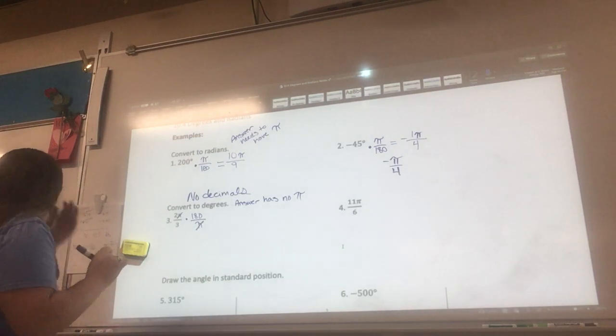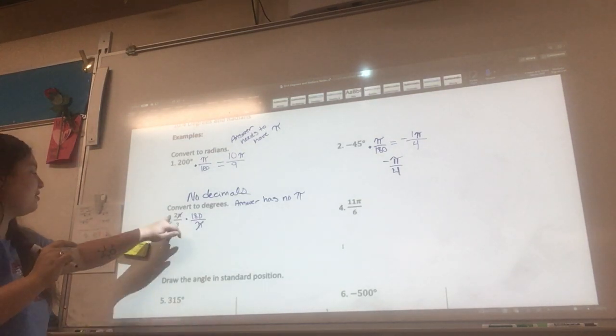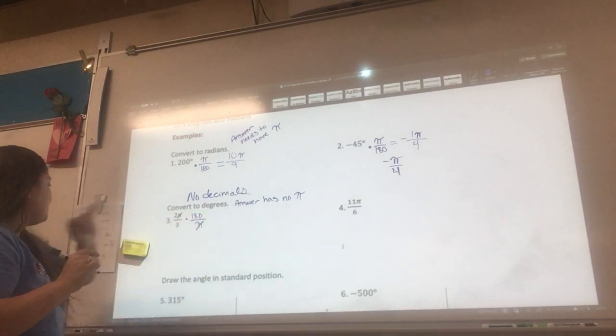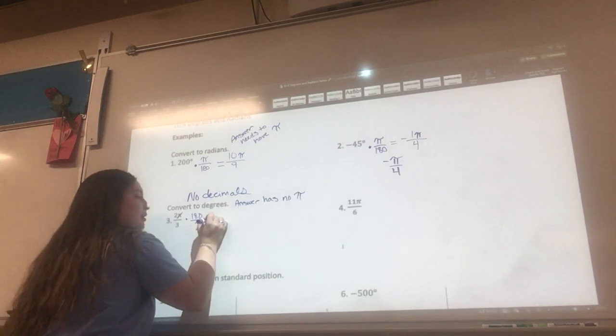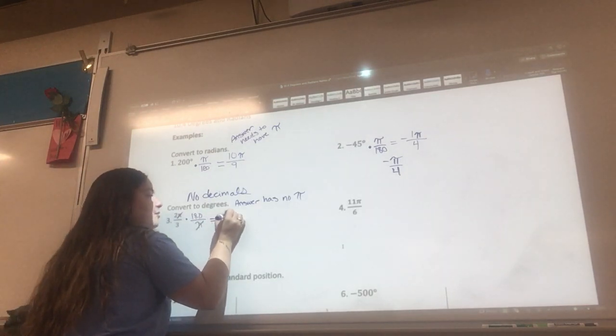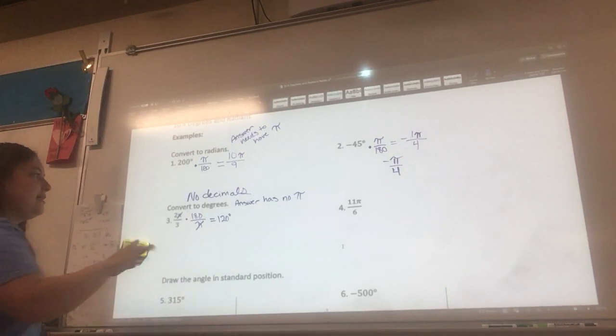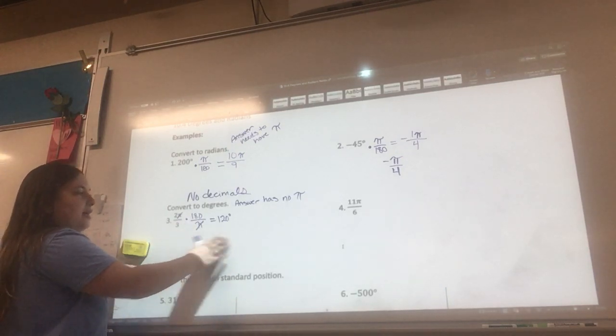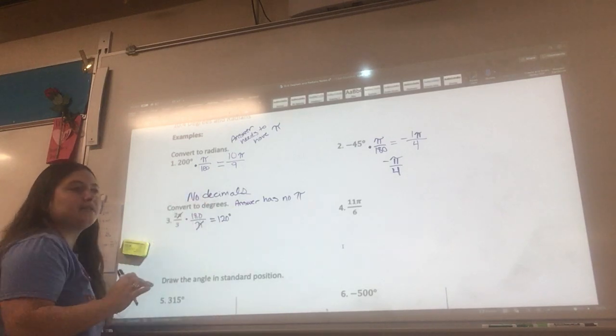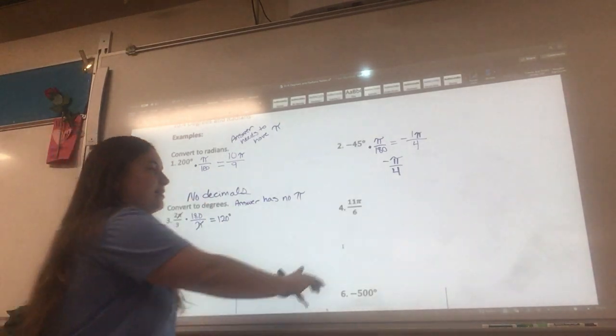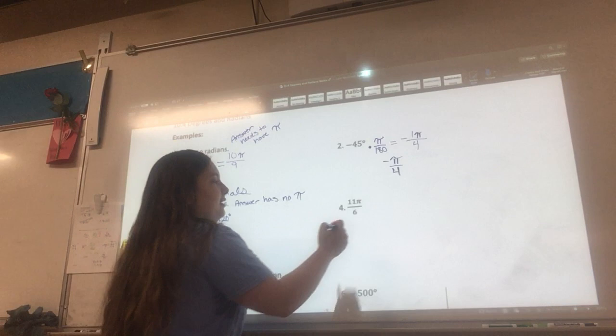So what you should do next is take 2 times 180 and divide by 3, and you're going to get 120 degrees. These should be rather pretty numbers. You canceled out your pi's, and you just multiply and divide. Same goes for 11 pi over 6.